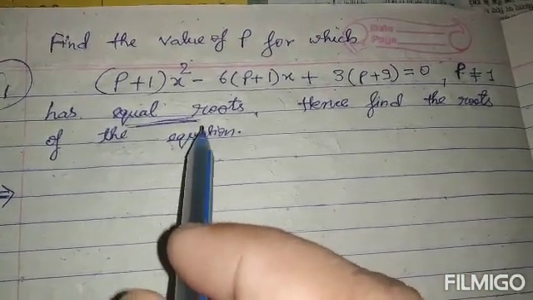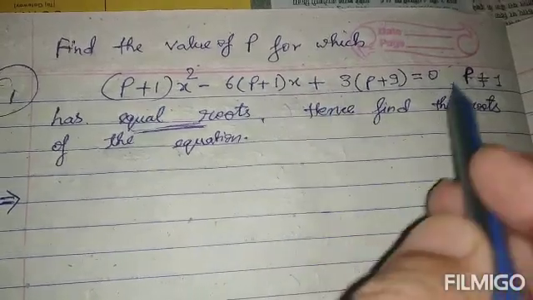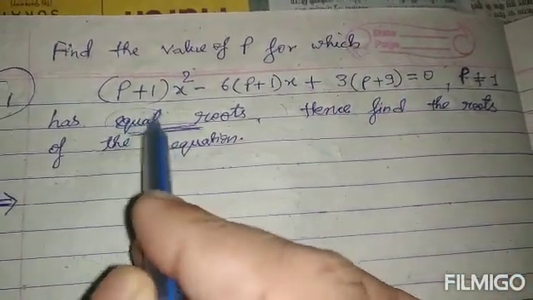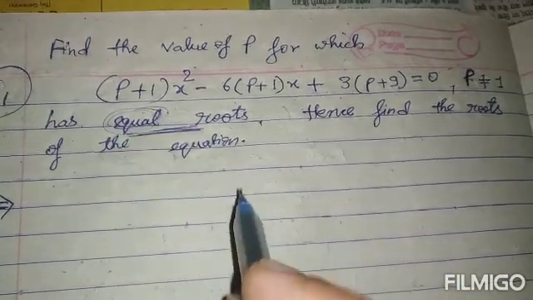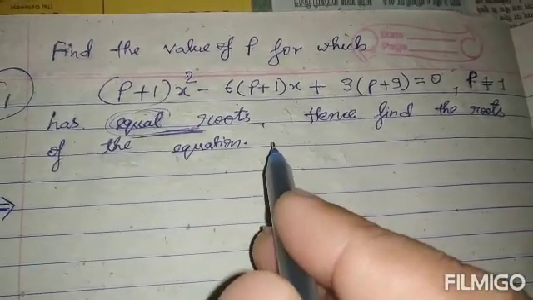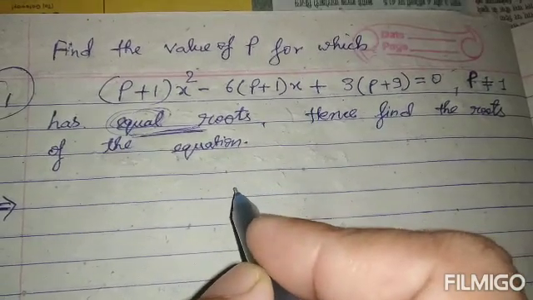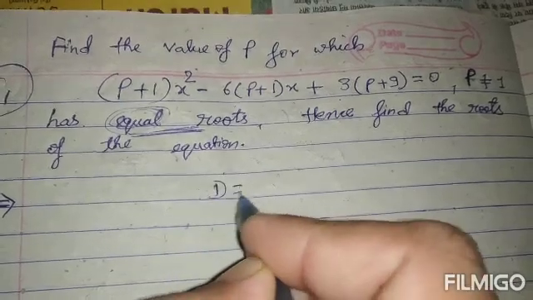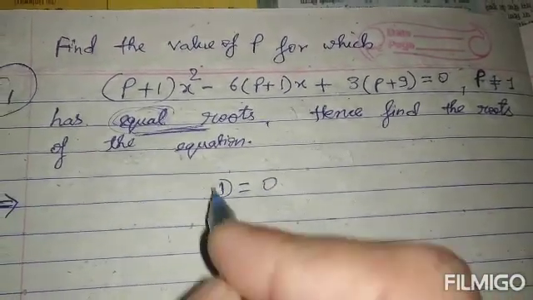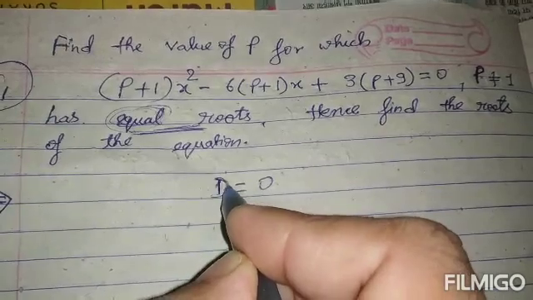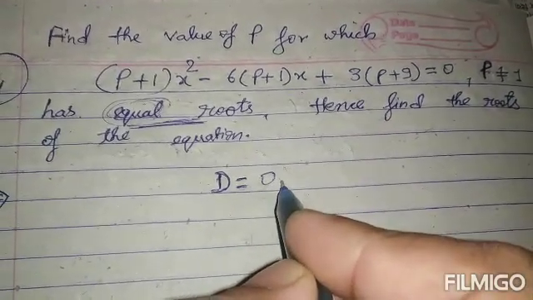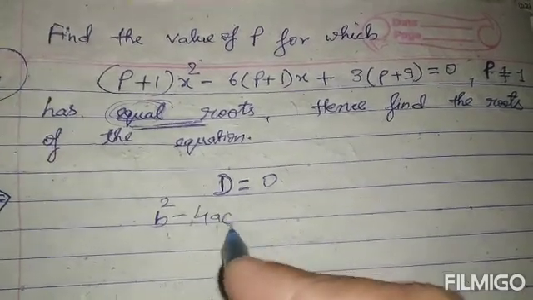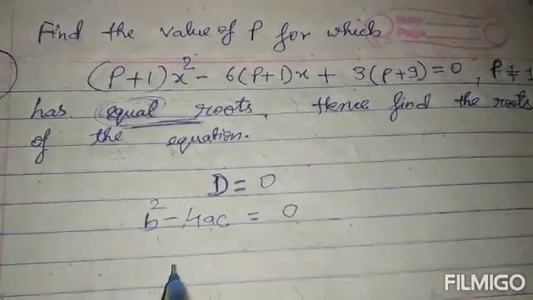If you understand this question, it is very clear that the roots of the given quadratic equation are equal. That means if the roots are equal, then we have D = 0. As per the condition, if the roots are equal, then D = 0. That means b² - 4ac = 0.